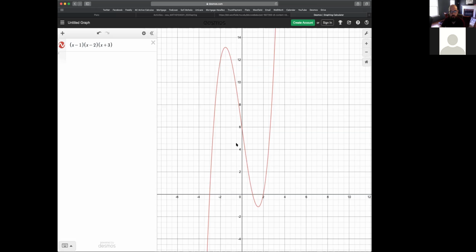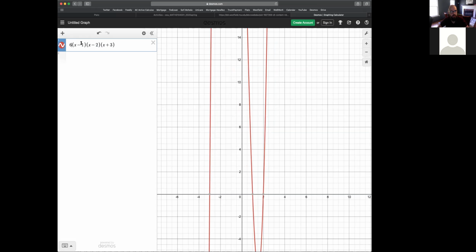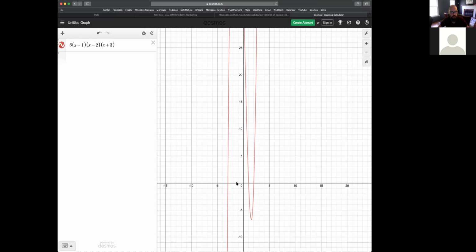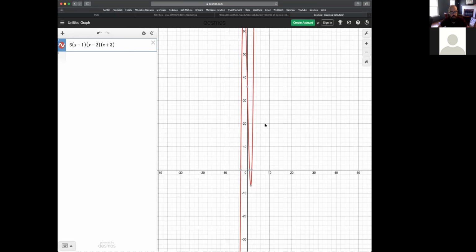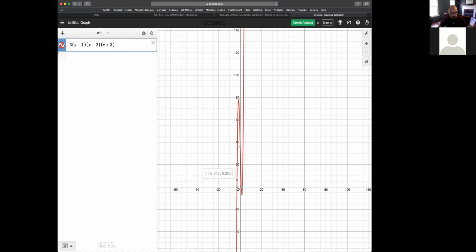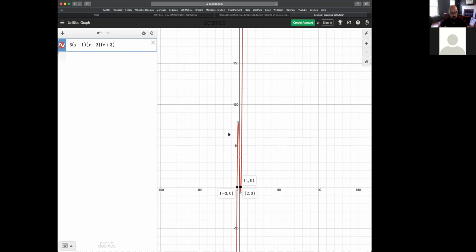Right? Can you come up with at least one more? So if we just multiply that entire thing by 6 or any number really. Okay, so I could put in a 6 over here like this. Right, so then it looks like my zeros remain unchanged, right?